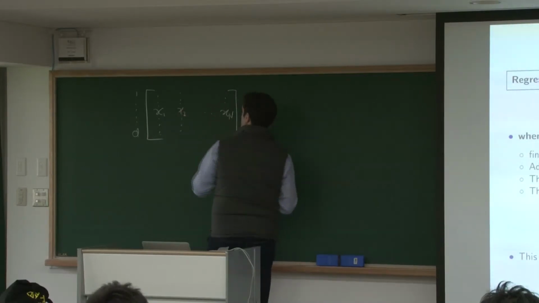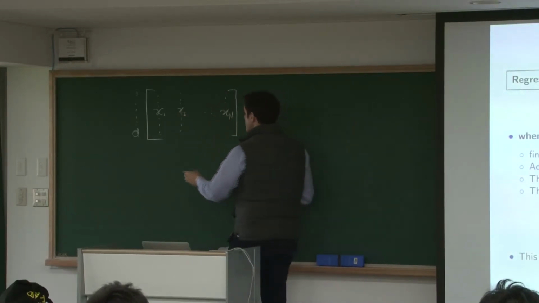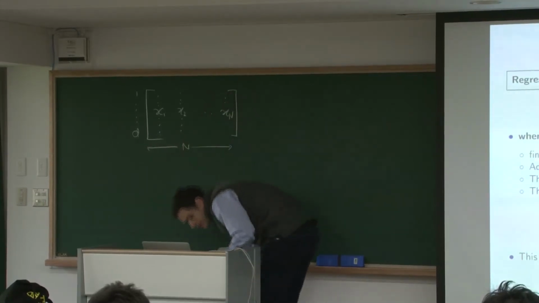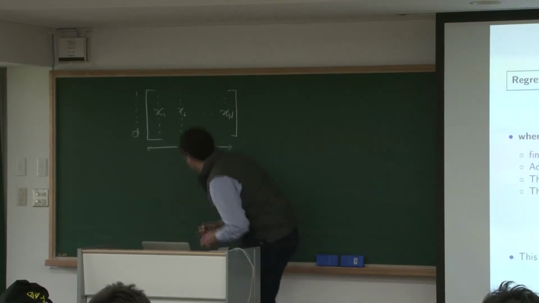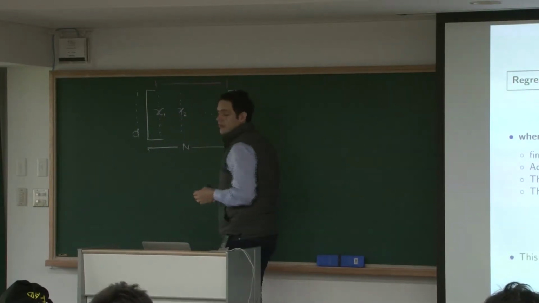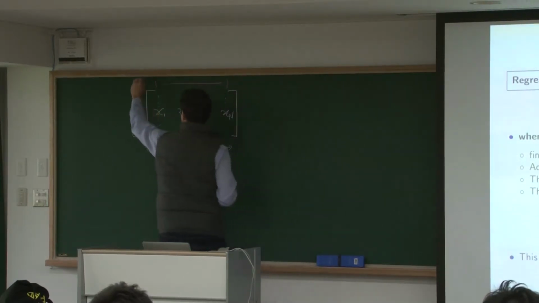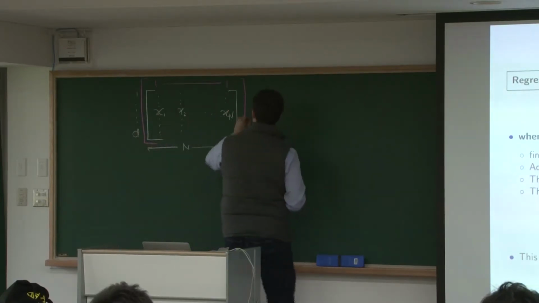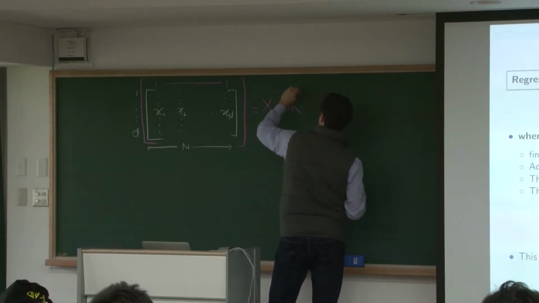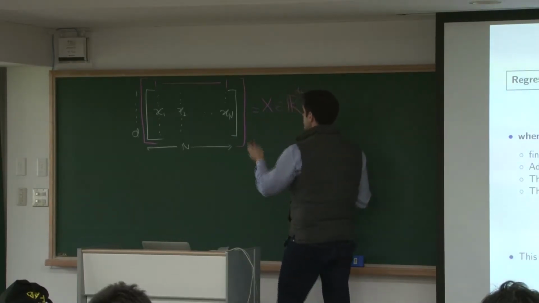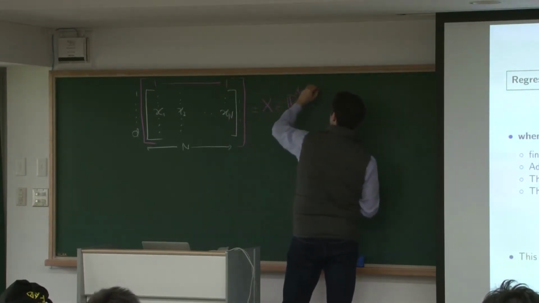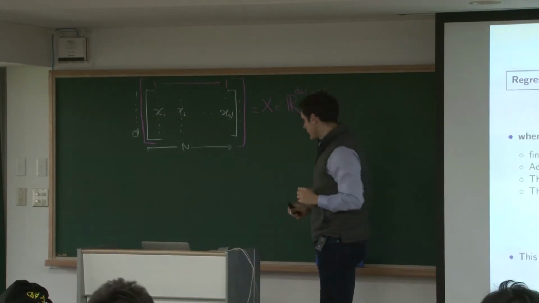So we usually call the number of observations big N, okay? And then we add this row vector of ones to form what we call the data matrix, which is a matrix which has d plus 1 lines, so the d that we had in the beginning and this one, times n columns, okay?